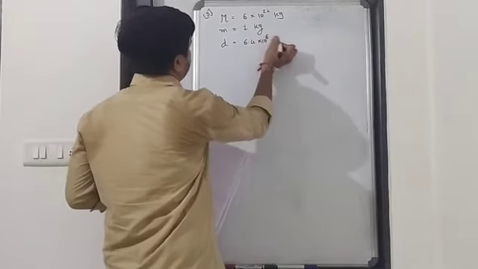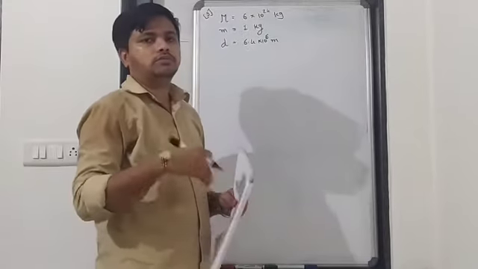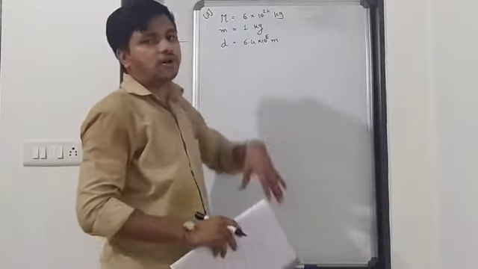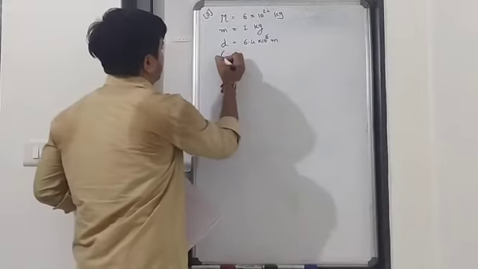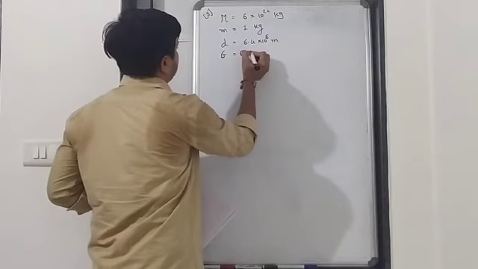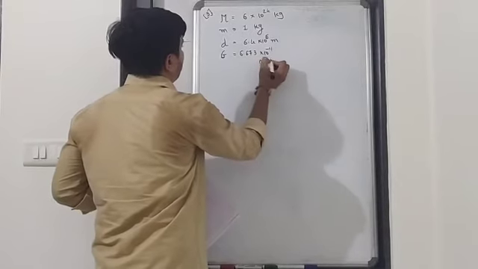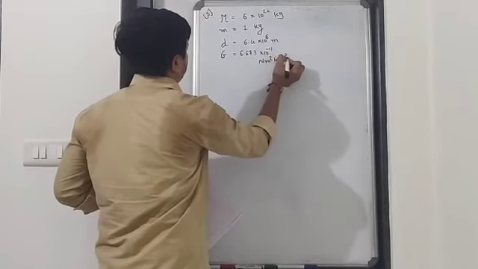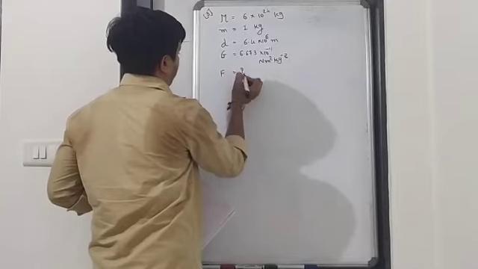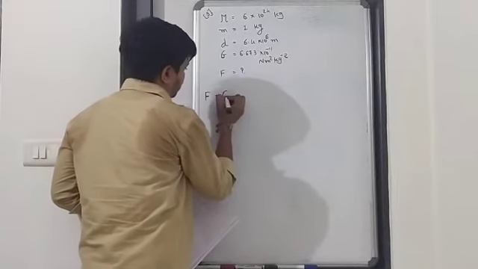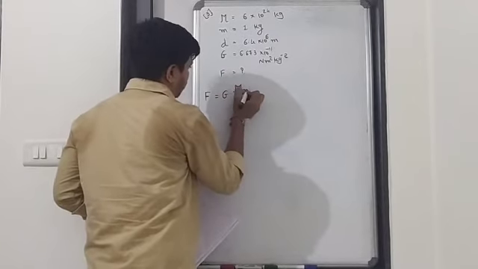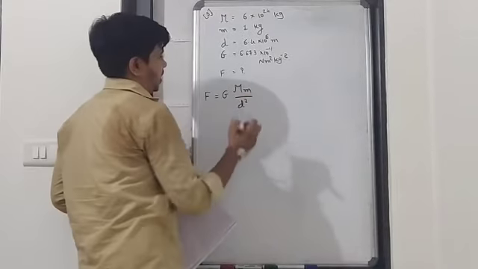It is in meter, so we do not need to convert it, right? And the G is given to you which is 6.673 into 10 raised to minus 11 Newton meter square kg raised to minus 2. You have to calculate F. The F is capital G, capital M small m divided by D square.